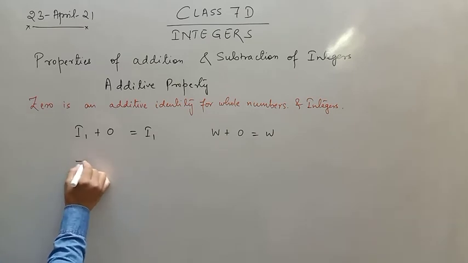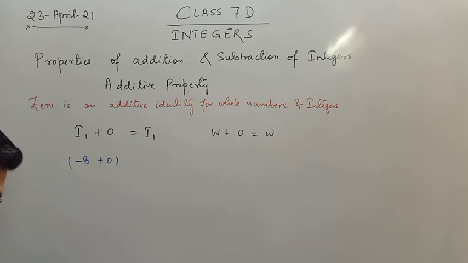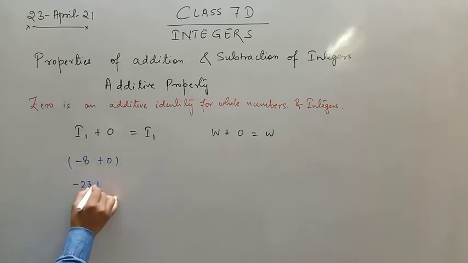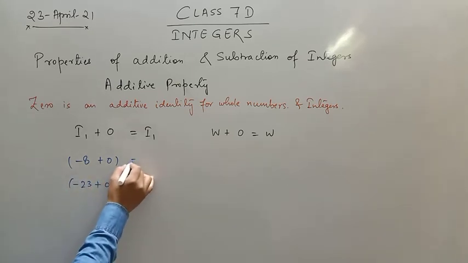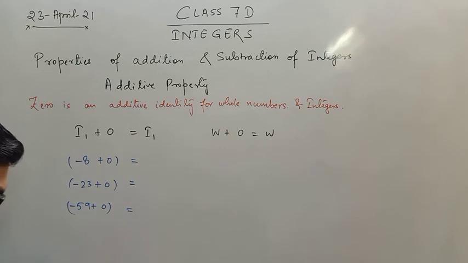So let's say I have an integer minus 8 plus 0, minus 23 plus 0, minus 59 plus 0, minus 61 plus 0.